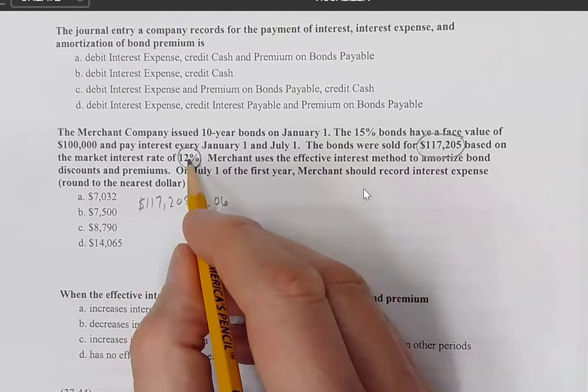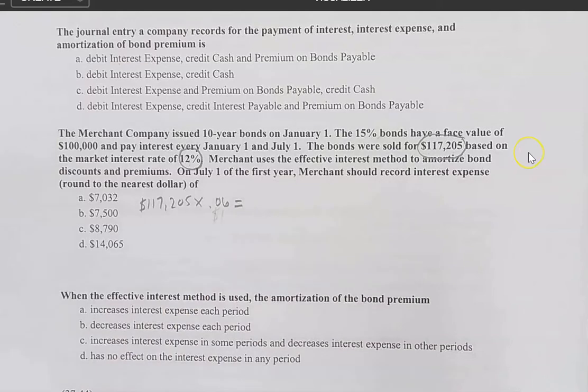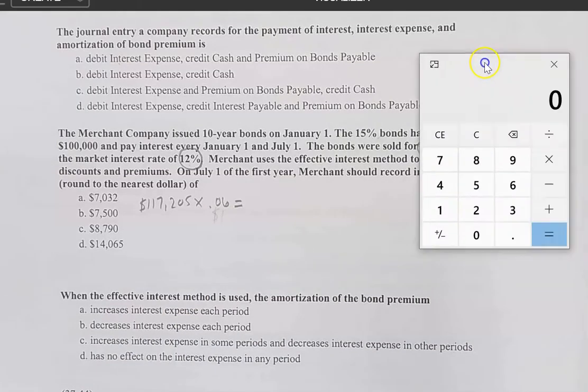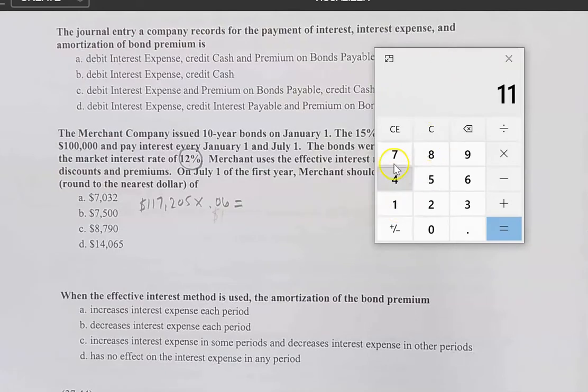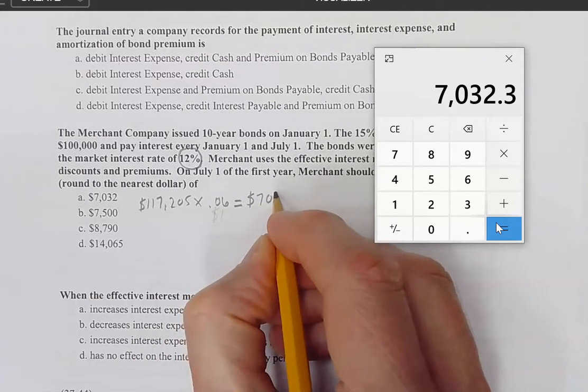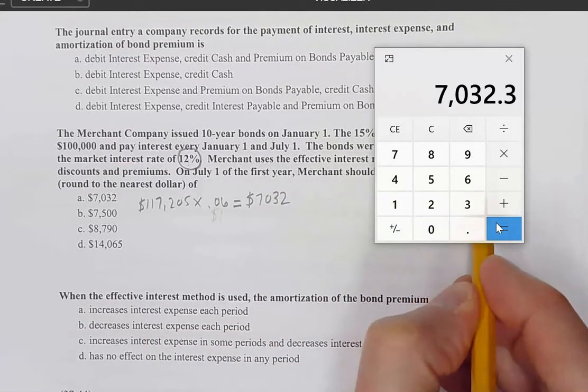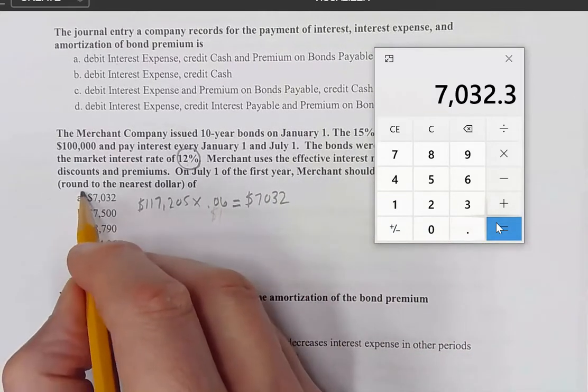We have to half this again for the same reason we did before, because we're paying interest every 6 months, so 6 plus 6 is 12. 117,205 times 0.06 equals, rounded, $7,032. And that is the amount of interest expense that we are going to recognize.